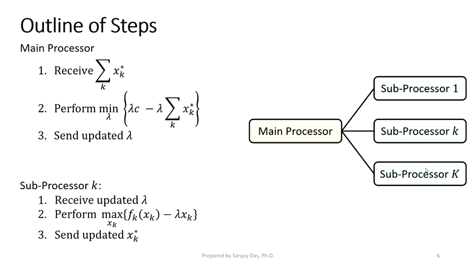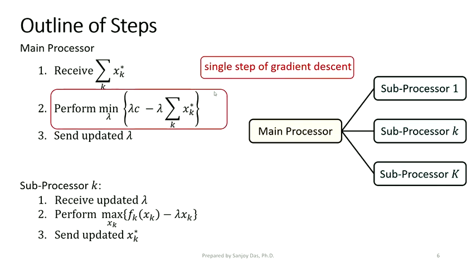And then each of them sends the xk star. Once the maximization is done, it relays the xk star back to the main processor, so this cycle starts all over again. This is what the main processor does: it receives all those xk stars and starts the process all over again, and then the subprocessors.